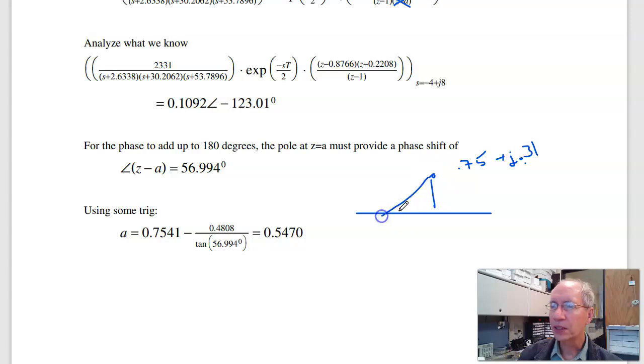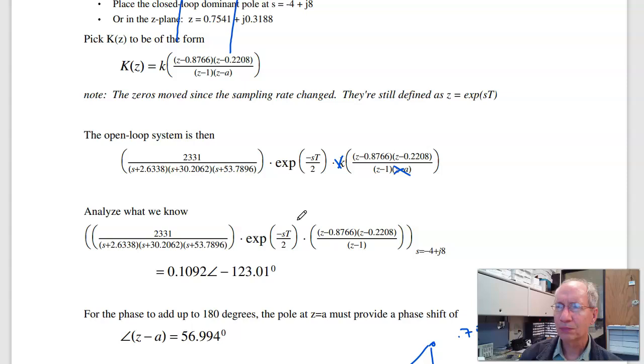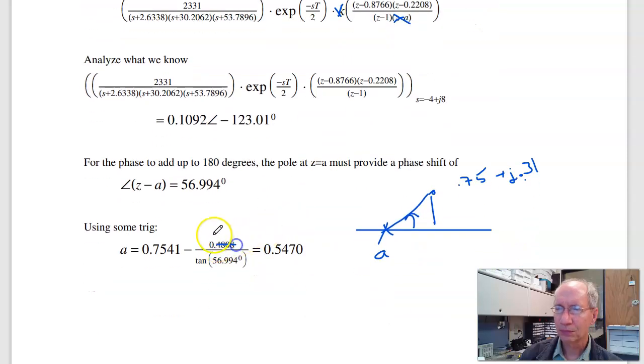So this angle is 56 degrees. So A is 0.75, the real part, minus, go left, the complex part over the tangent of the angle gives you 0.54.